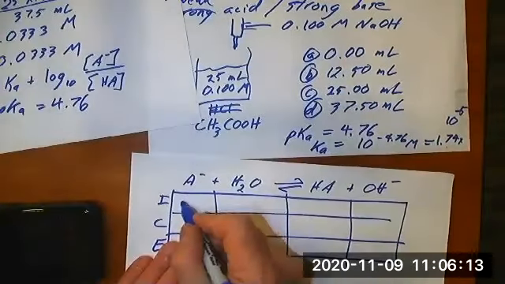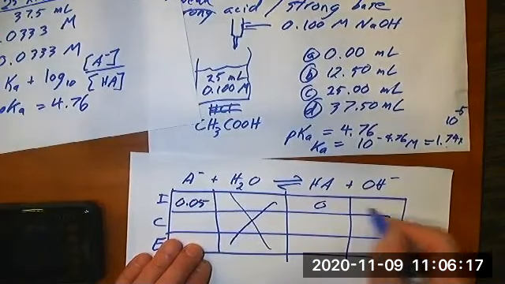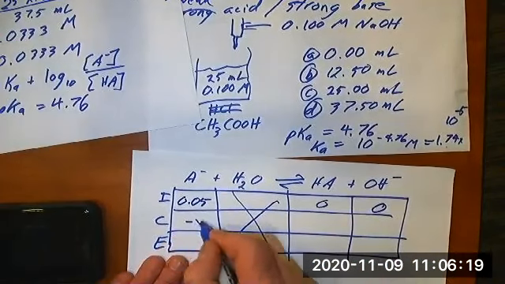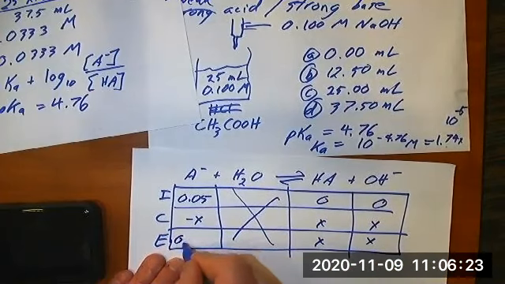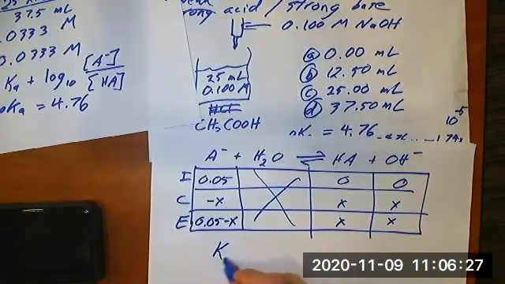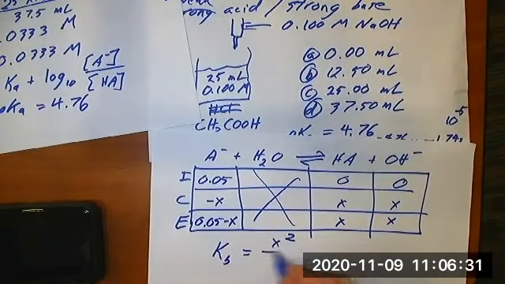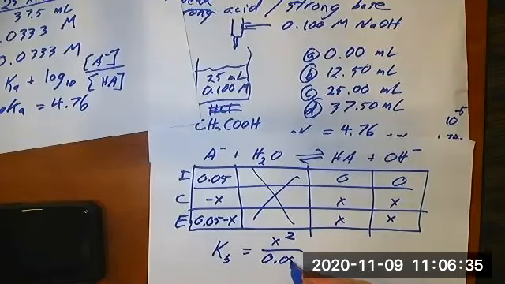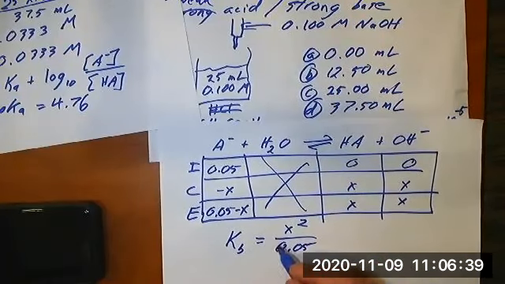So 0.05, 0 minus x plus x plus x, 0.05 minus x. Our Kb equals x squared over, let's assume x is small compared to 0.05, 0.05. Now, how do we find Kb?